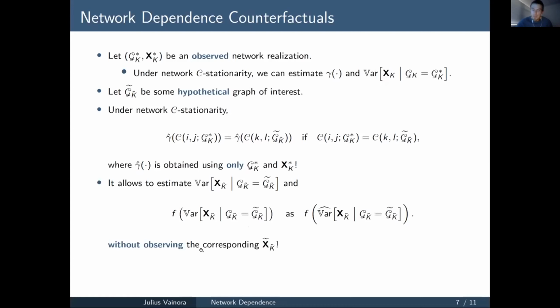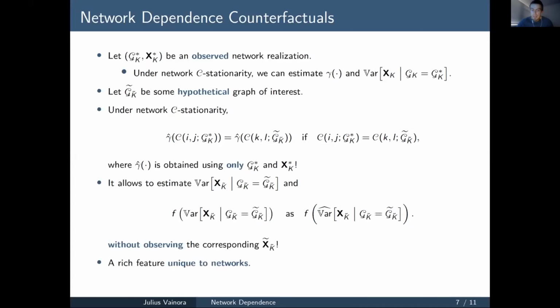In particular, we are doing all this without observing the corresponding X. To go over this again, we observe a full network, and we assume there is another graph that comes from the same process, but we do not assume what the hypothetical X would be, just that the network process is the same. If that's the case, we can use the same autocovariance function estimator.